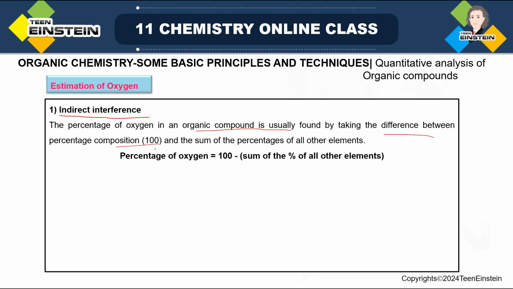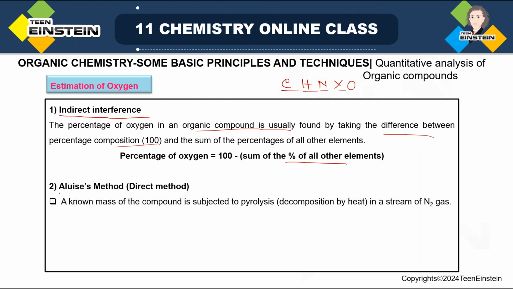If you know the percentage of everything, you subtract the sum from 100 and obviously you can get it. So this is basically subtraction. We are not directly measuring it. It is an indirect way of measuring, but for this you need to know the percentage of all the other elements. So this is the indirect method.